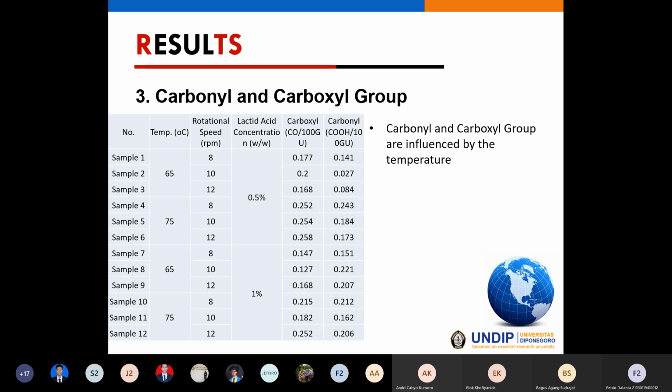So the rotational speed of the UV dryer didn't give a significant influence on the carbonyl and carboxyl group, or on either the swelling power or the solubility.